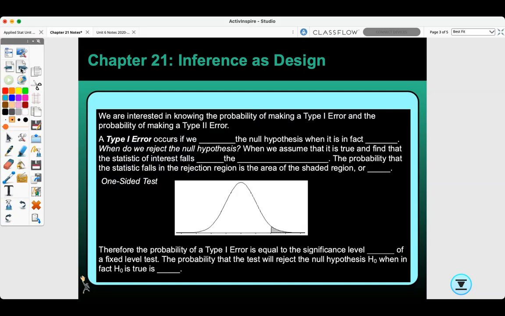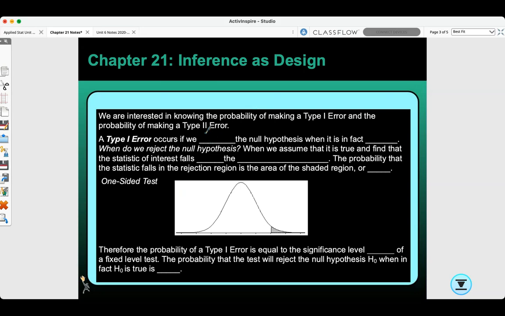We are interested in knowing the probability of making a type 1 error and the probability of making a type 2 error. A type 1 error occurs if we reject the null hypothesis when in fact it is true. When do we reject the null hypothesis?